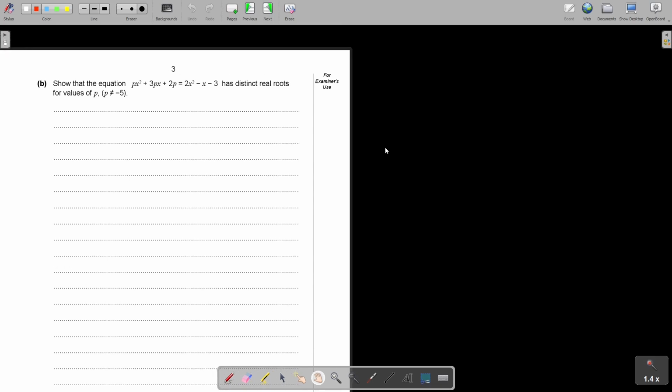Let's look at question number B. Show that the equation has distinct real roots for values of p, p is not equal to -5. Okay, so this is going to still be in chapter 1. As I said, chapter 1 is equations, expressions, inequalities, and identities.